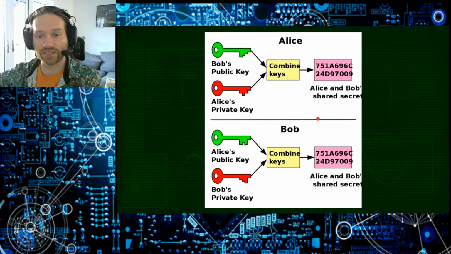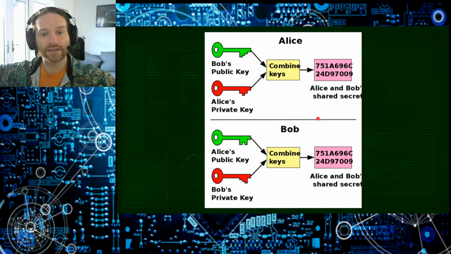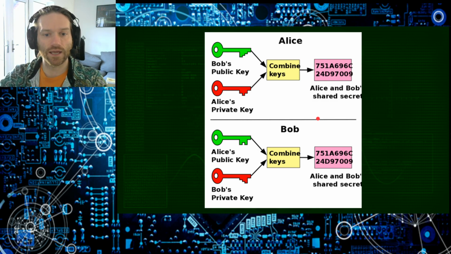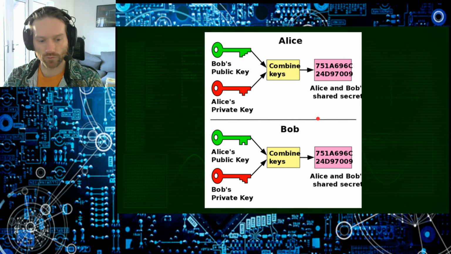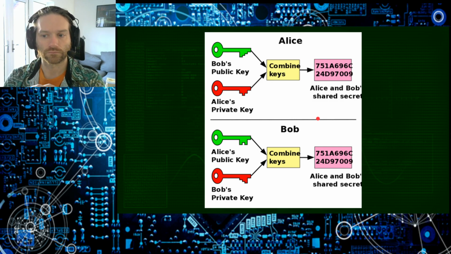And then whoever's receiving it, because they have access to all of those public keys, they also have access to their private key. That unlocks the message for them. Does that make more sense to you now, how I've just explained it?